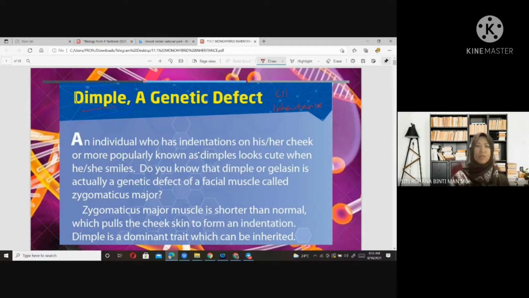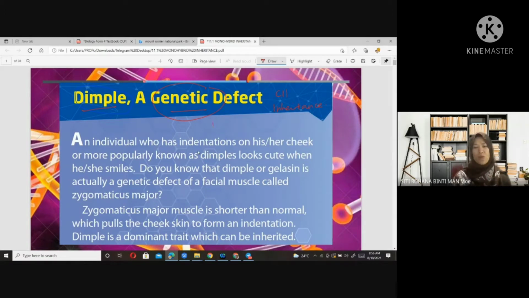Okay, dimple a genetic defect. Lesung pipit. Kenapa disebut sebagai kecacatan genetik? Just because of defect in the formation of zygomatic muscle. There are two types of muscle.